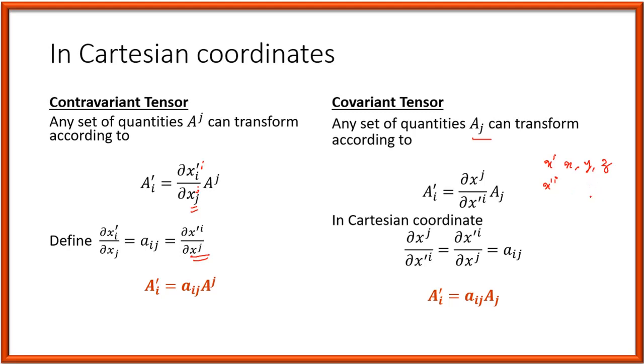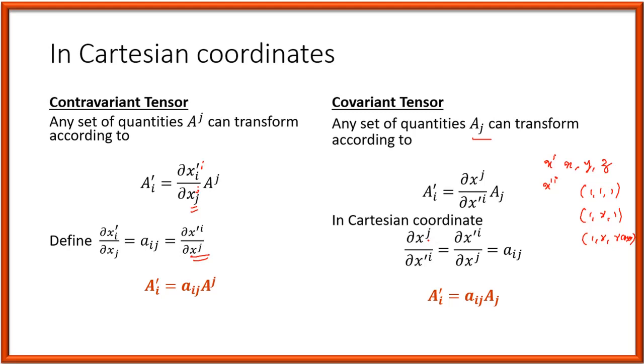We know that the h parameter of the Cartesian coordinate system is 1, 1, 1, whereas the h parameter of a cylindrical coordinate system has another component here, and that of a spherical coordinate system also has components. Since the h parameter or the scaling factor is 1 for all the coordinates, it doesn't matter if I reverse this equation.